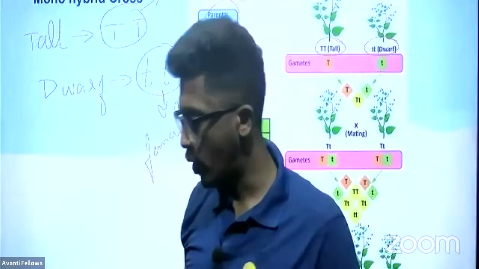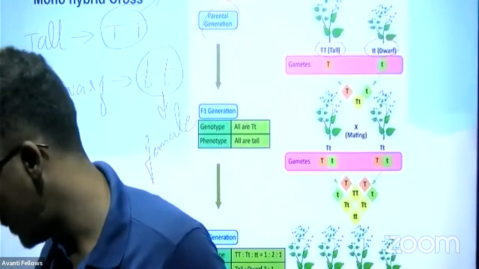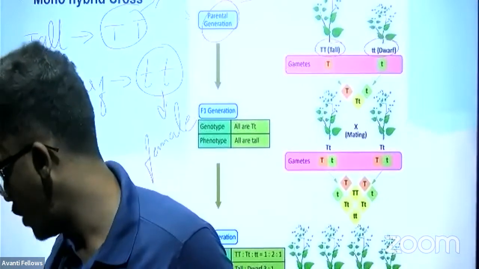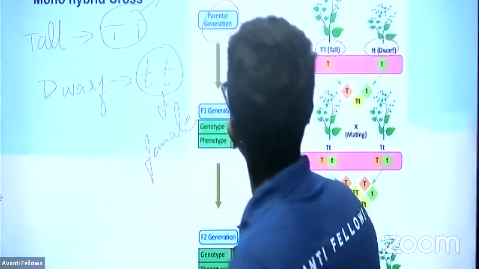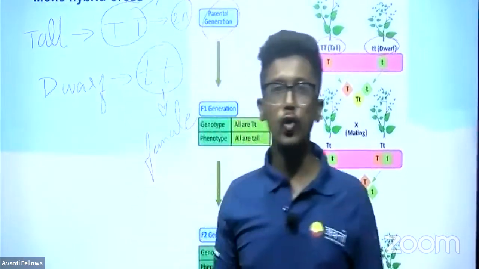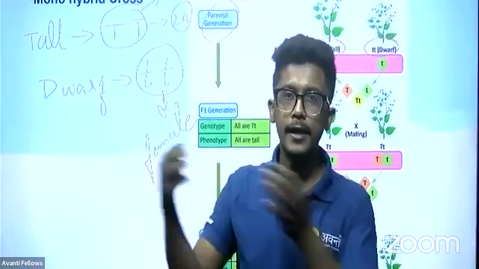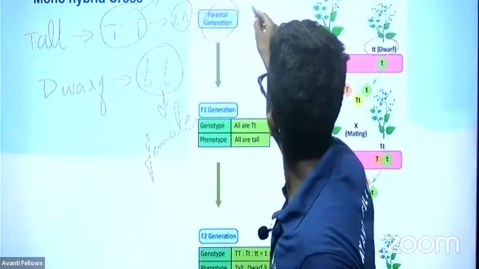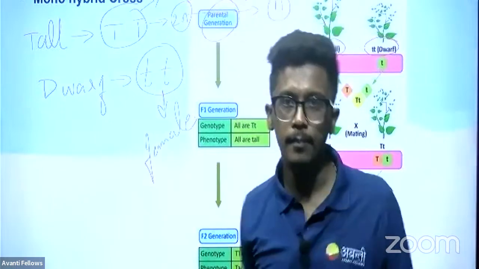In their body they are 2N, so when they produce the gametes, the number of chromosomes would be N.